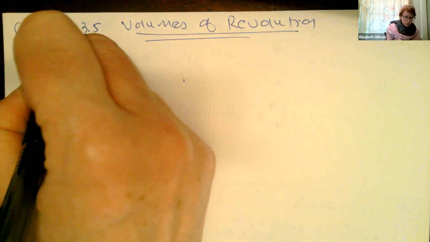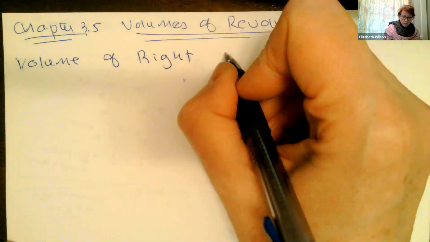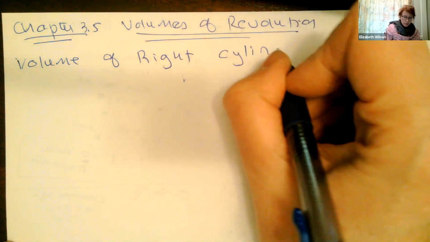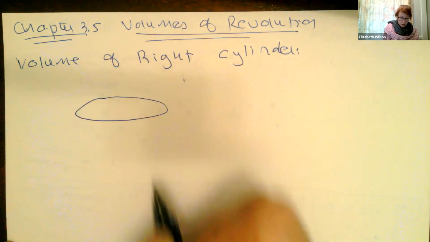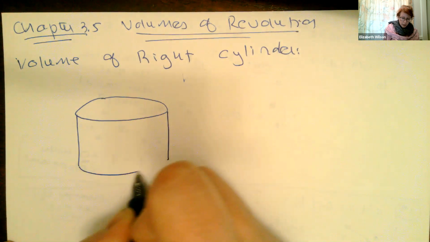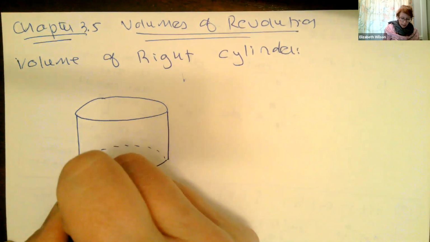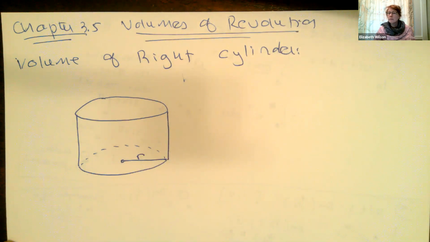So we'll do the volume of a right circular cylinder. It has a circle for the top, has some kind of a height, and has a circular base, right? And it has some kind of a radius. I'm not a great artist.